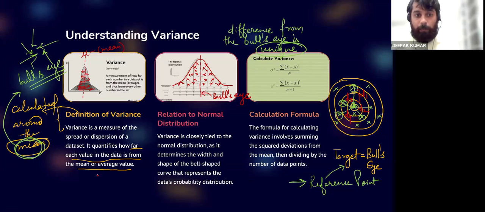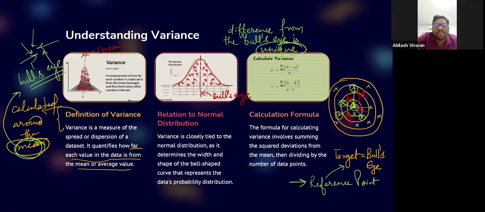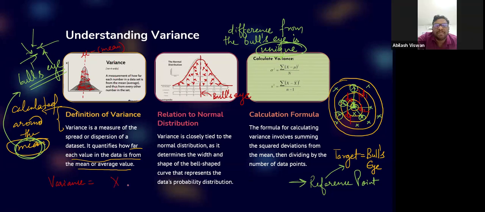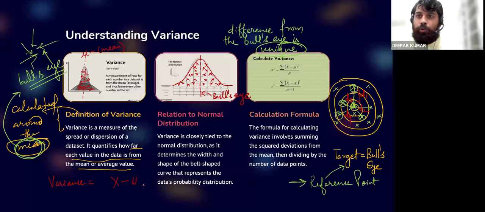So if we have different distances, we can calculate the variance: the data point, meaning the exact data point, minus the mean mu. I represent mean by mu, and variance is not given only by the difference of the distance.